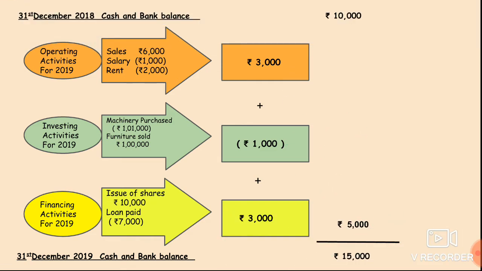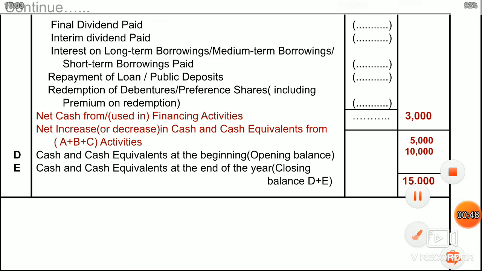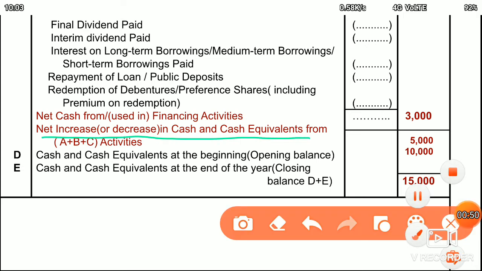It is rupees 5,000. Now in the statement, the net increase or decrease in cash and cash equivalent from A plus B plus C activities, that is from operating, investing and financing activities, is shown after finding the net cash from or used in financing activities.